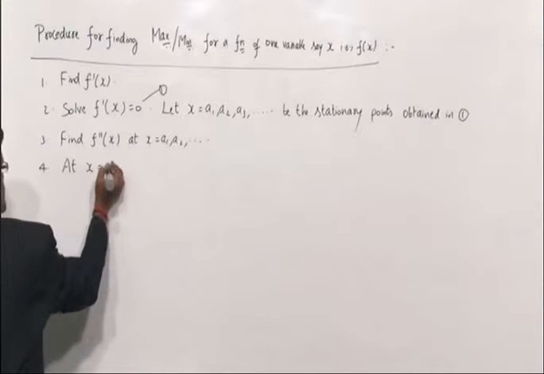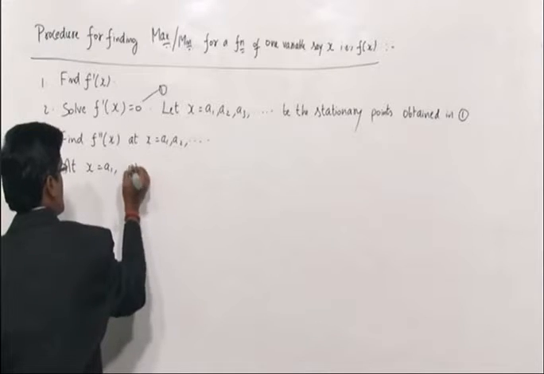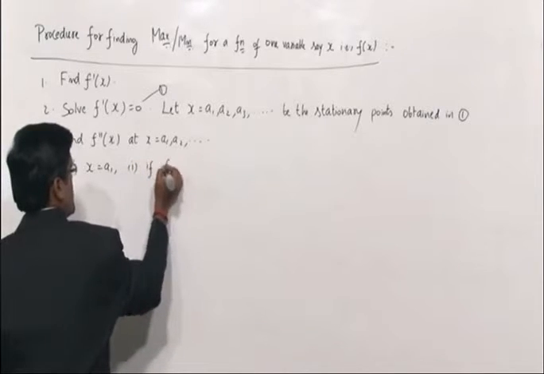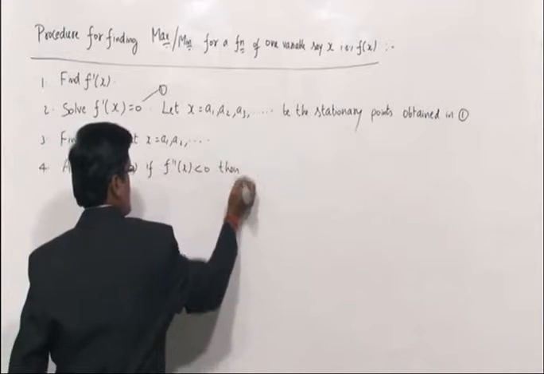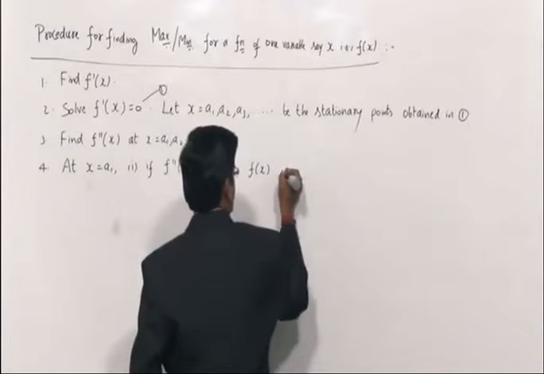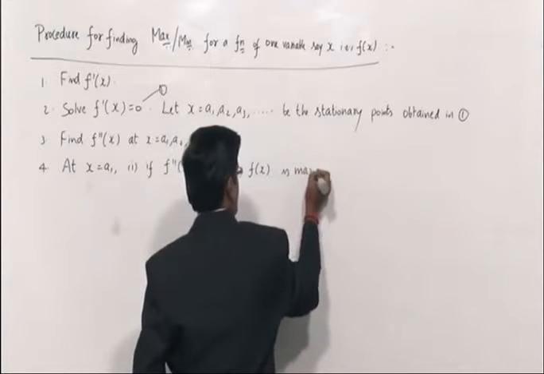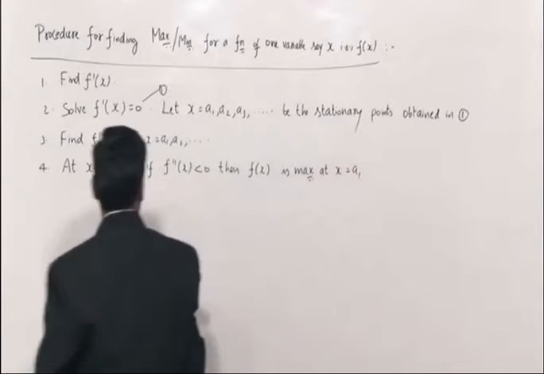At x is equal to a1, first condition, if f double dash x is less than 0, then f of x is maximum at x is equal to a1.